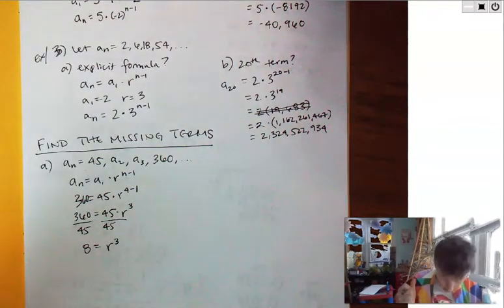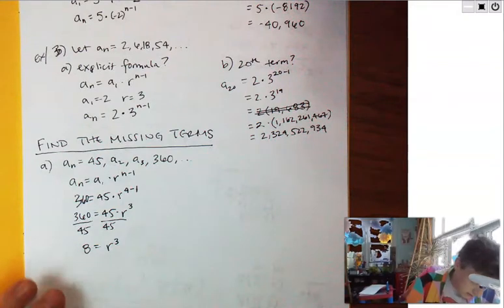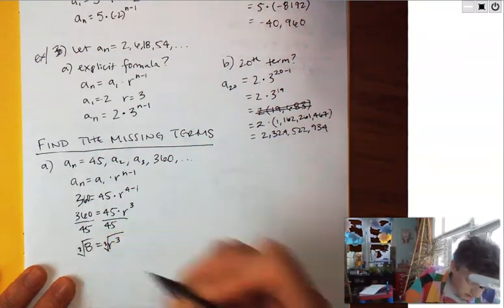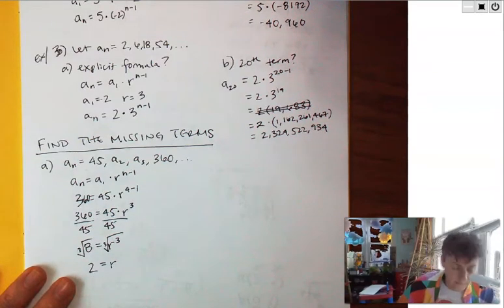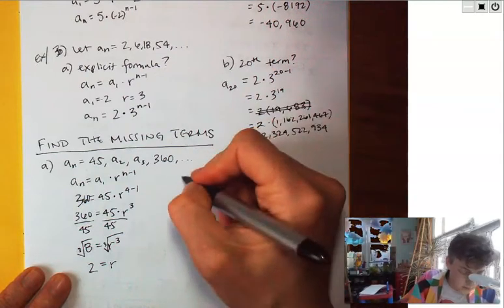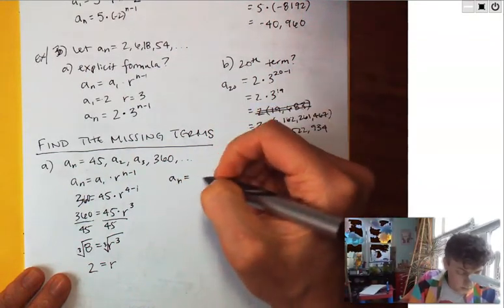There went my pen cap. Anyway, we're going to cube root both sides because we can. And we're going to get that r equals 2. So nice.